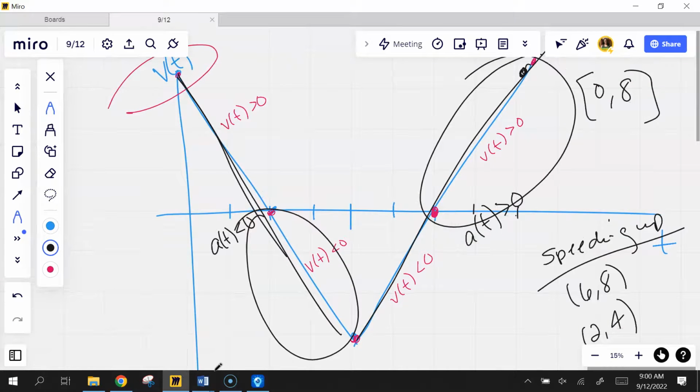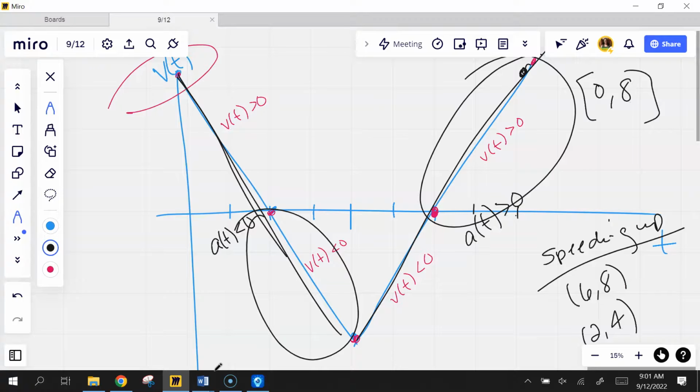So the velocity is positive from 0 to 2 seconds, I move to the right. I stop, but I don't change direction. That's where velocity is 0, but velocity is not changing signs. Velocity, I'm sorry, I do change direction.